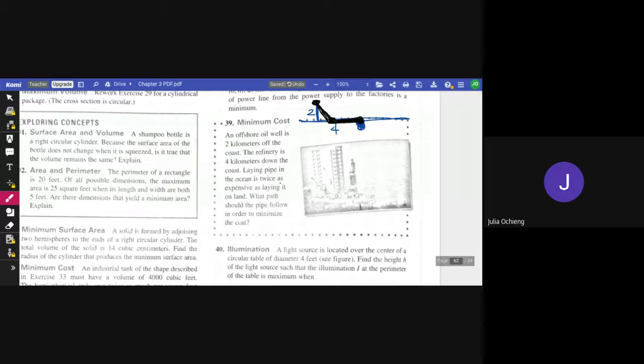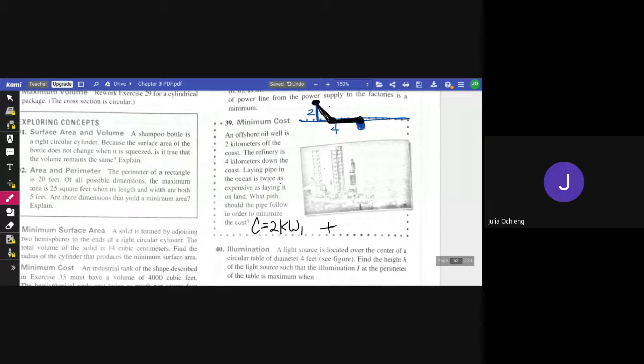Well, the cost function is going to be in relationship to the length. So whatever this length is under the water, it's going to cost twice as much. I don't know how much it costs per kilometer, but I know that it costs twice as much. So I'm going to let K be the cost per kilometer on land.